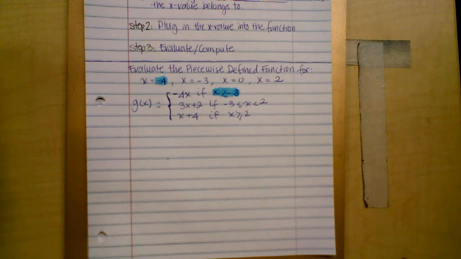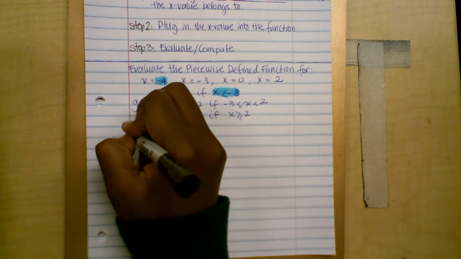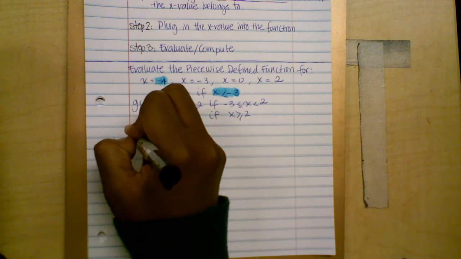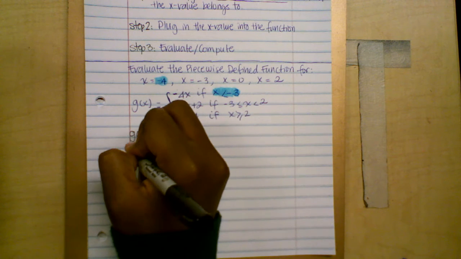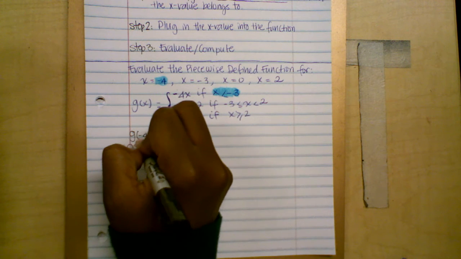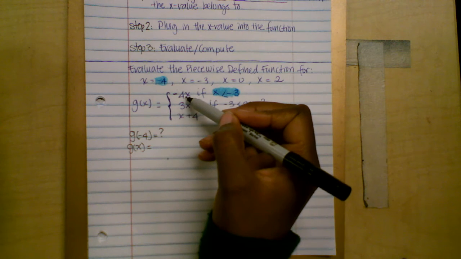So we completed step 1. What am I going to do for step 2? For step 2, you're going to plug the x value into the function. So you're trying to find g of -4. We are going to use which function to evaluate? You're going to use the function -4x.